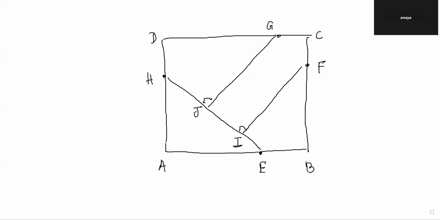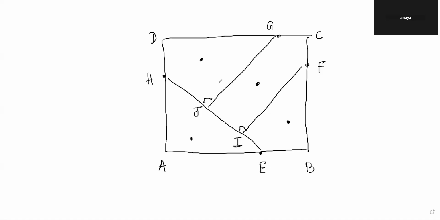Triangle AEH, 4 things actually. Triangle AEH, quadrilateral BFIE, this quadrilateral, this pentagon, and also DHGJ, this also.